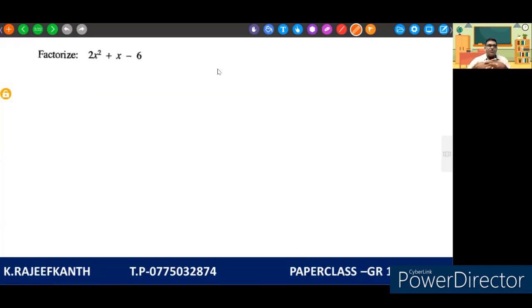Factorize 2x squared plus x minus 6. This is in the form of ax squared plus bx plus c, so you have to factorize this one. Here the coefficient of x squared is equal to 2.